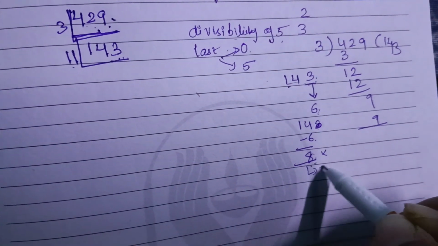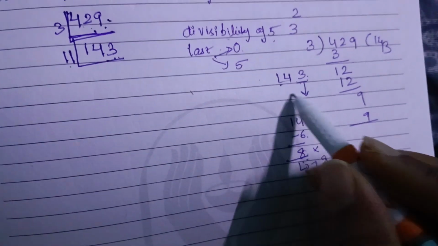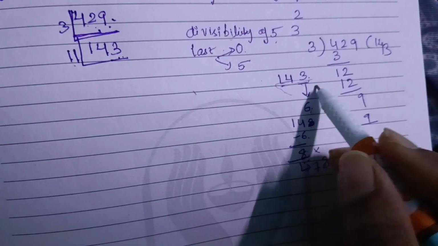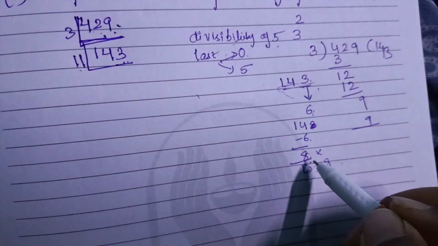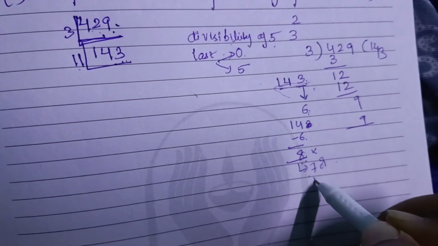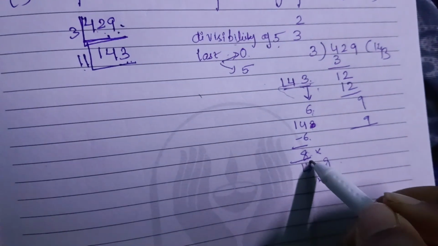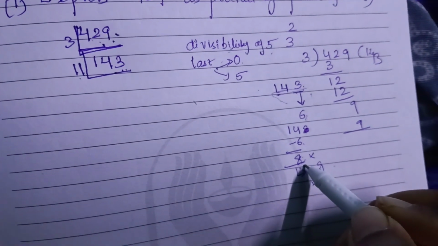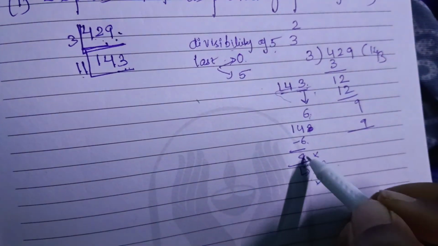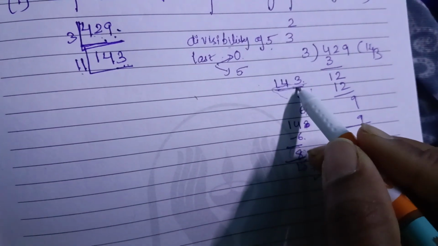If the result is a multiple of 7, like 7, 14, 21, then this whole number will be divisible by 7. But here what we got is 8, so this is not divisible by 7.